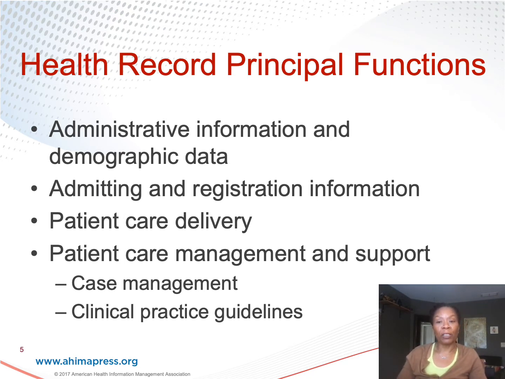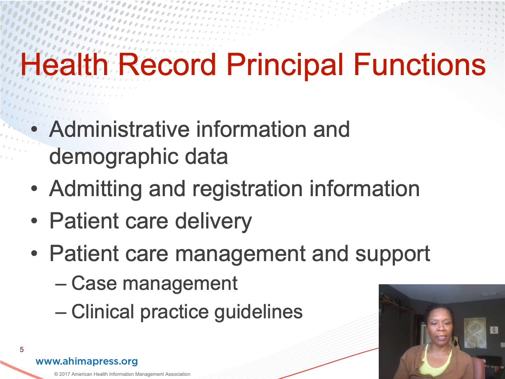The principal functions of a health record are administrative, information, and demographic data. These are actually for elective hospital administration. The patient or the admitting physician's office staff often provide administrative information and demographic data before the patient comes to the hospital.